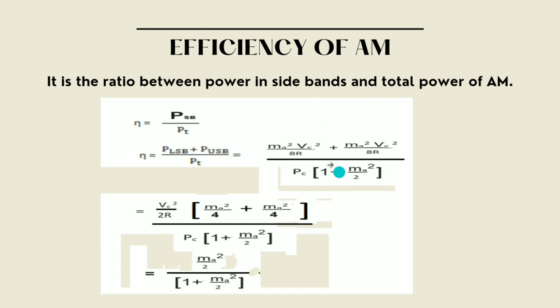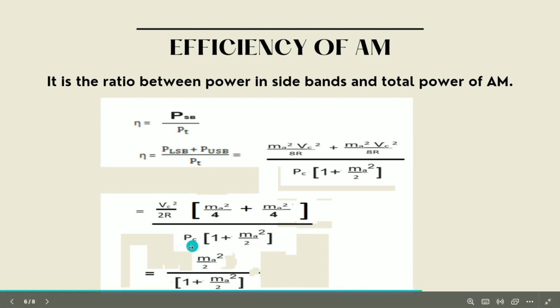Simplifying, taking Vc squared by 2R outside from the numerator, we get Vc squared by 2R into (Ma squared by 4 plus Ma squared by 4) divided by Pc into 1 plus Ma squared by 2. We know that Pc is Vc squared by 2R. Cancelling and simplifying, we get the expression for eta, which is Ma squared by 2 divided by 1 plus Ma squared by 2.